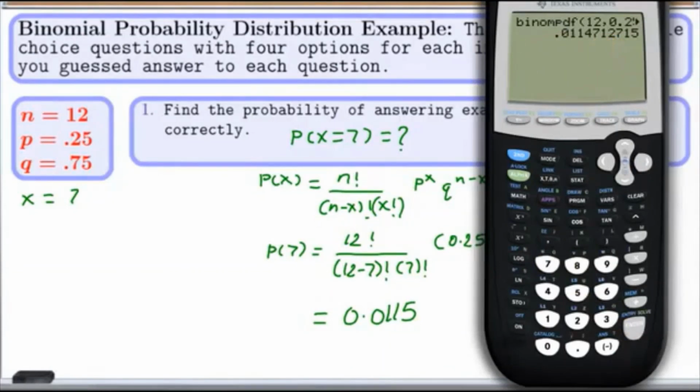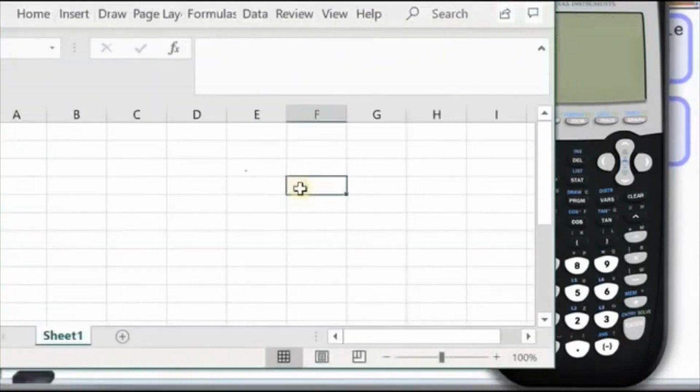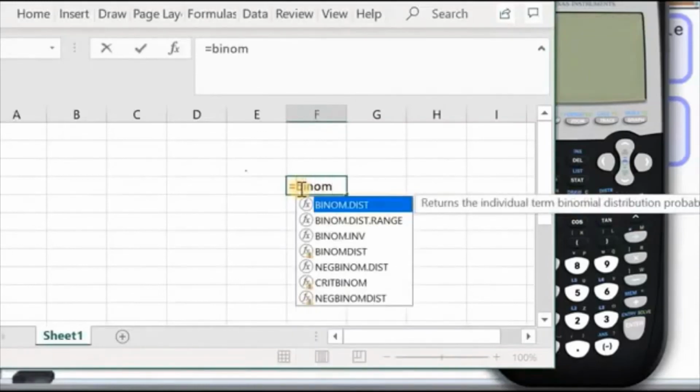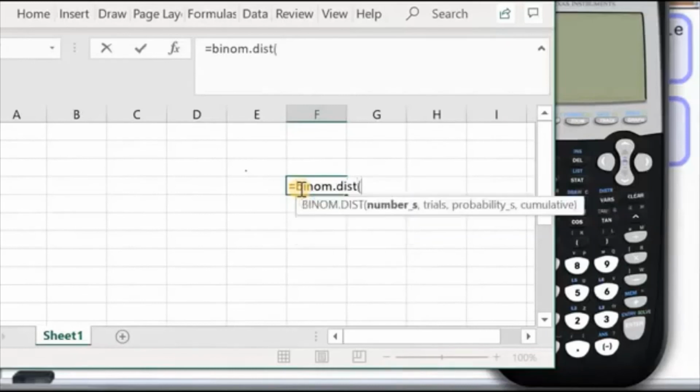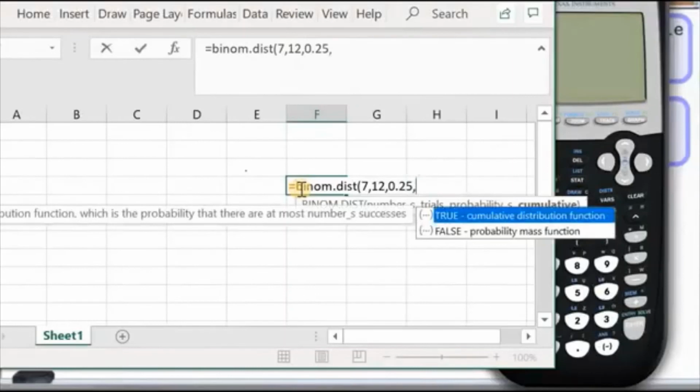Now let me show you how to find this probability using Excel. Type in equals, then type in BINOM.DIST, then put parentheses. Our number in this case is 7, then type comma, trials is 12, then type comma, then the probability here is 0.25, then type comma.